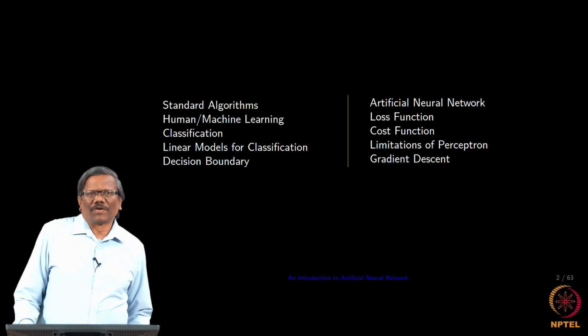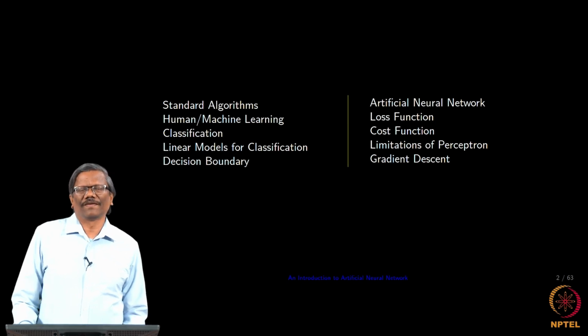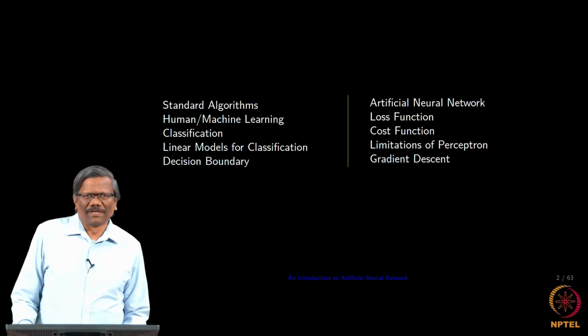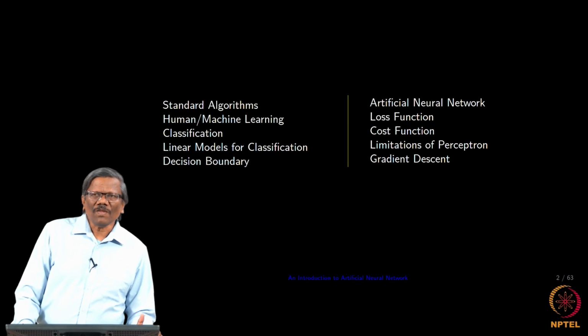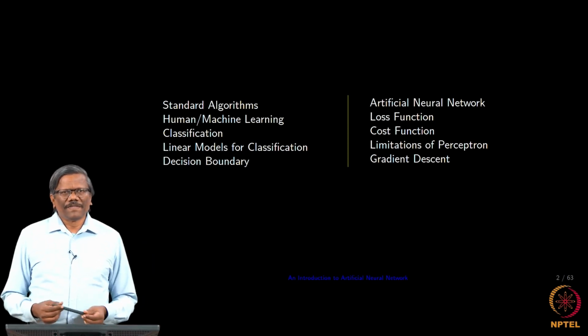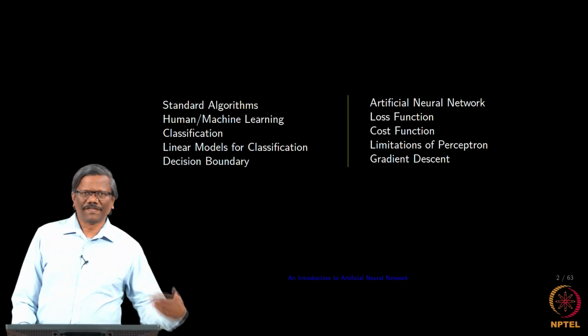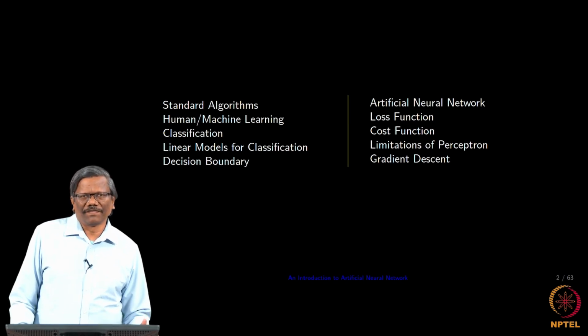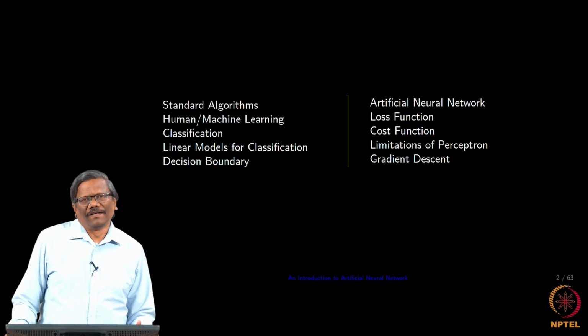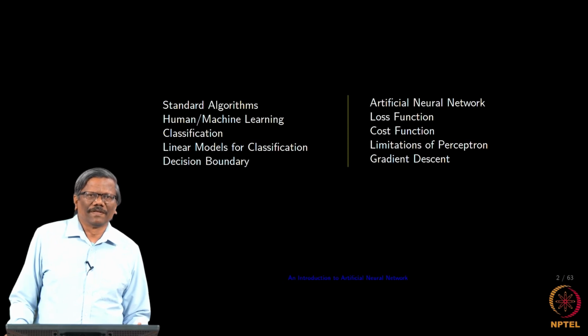Then we will talk about what is missing in the standard algorithms, right, in terms of creating new rules or in solving certain problems. Okay. And then we will get into the definition of classification. We have seen this earlier. Again I will get into the definition of classification and then show you how we can classify a set of points in a linear fashion.